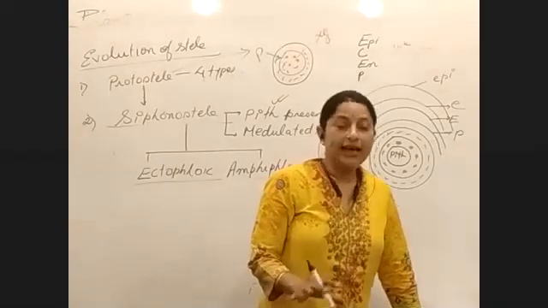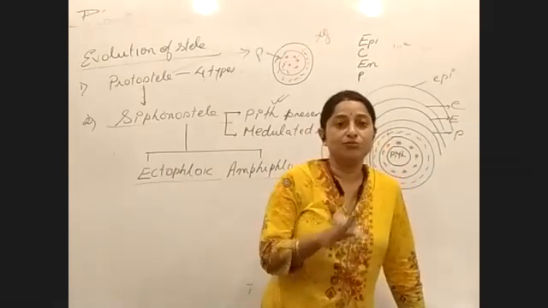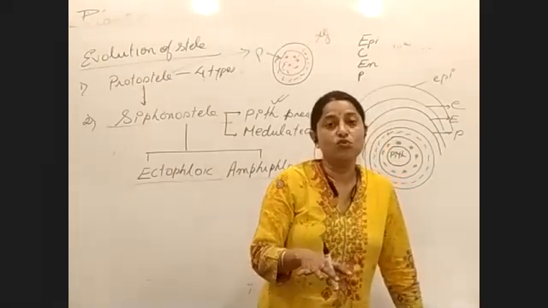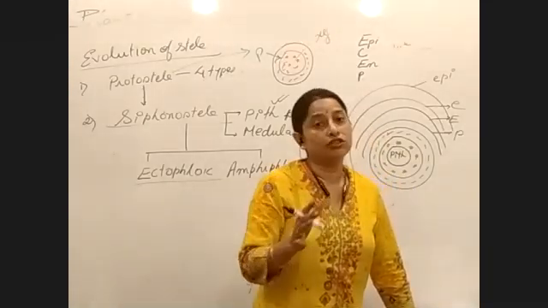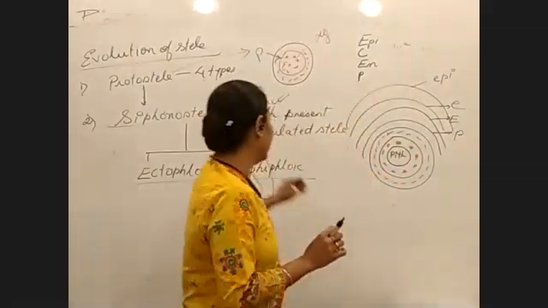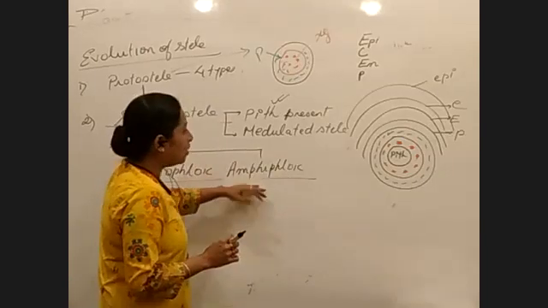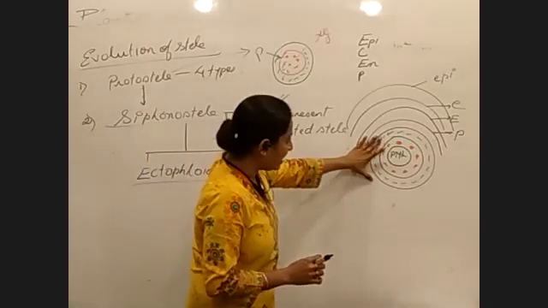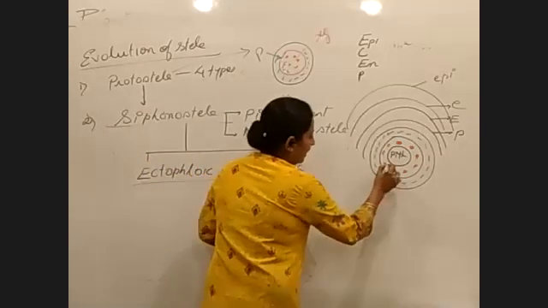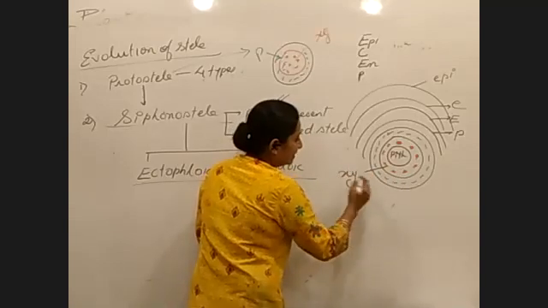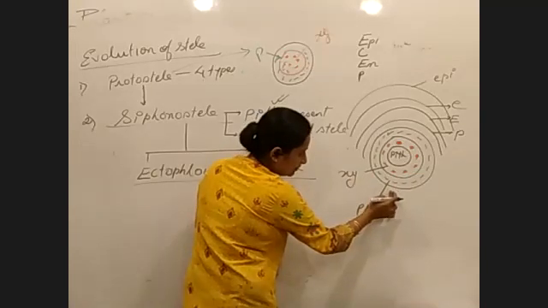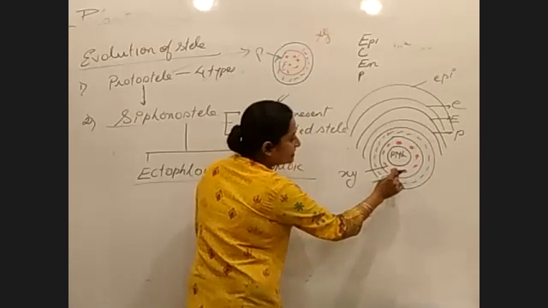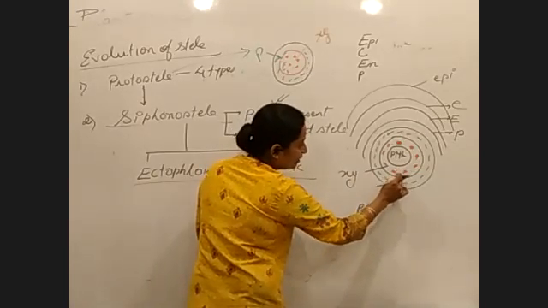So by amphi we understand both. Now in this diagram, what is the position of the phloem? The phloem is on the outer side of xylem.